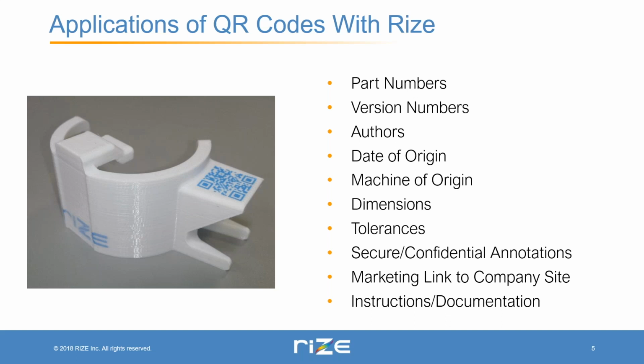QR codes can also be used for marketing or networking by embedding contact information in the code. This works like a business card attached to every part you print. And finally, QR codes can connect parts to their associated diagrams, instructions, and user manuals with much greater detail than printed annotations would allow.